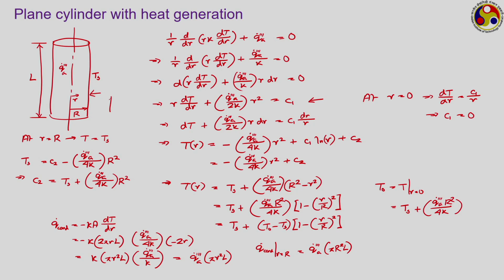And if this cylinder is subject to some kind of convective boundary condition, say a fluid with temperature T infinity and heat transfer coefficient of h, then this should be equal to q dot convection, which is nothing but h into total surface area. How much is the surface area? Remember, conduction and convection both in this case are happening on the surface area, the peripheral area, which is 2 pi r into L into the temperature difference Ts minus T infinity.